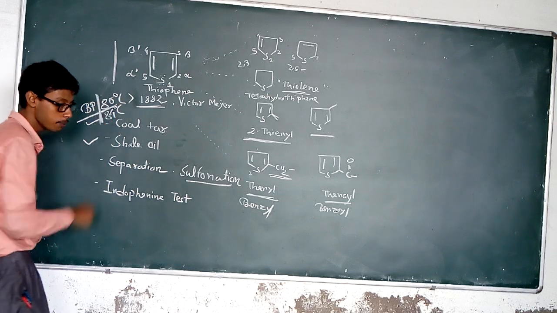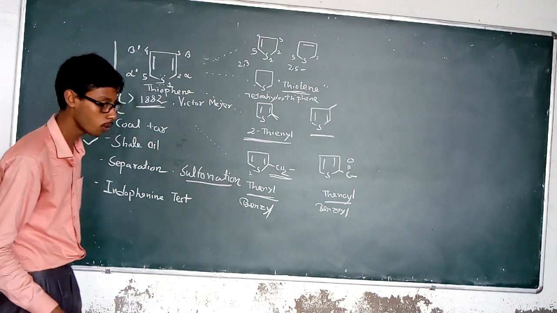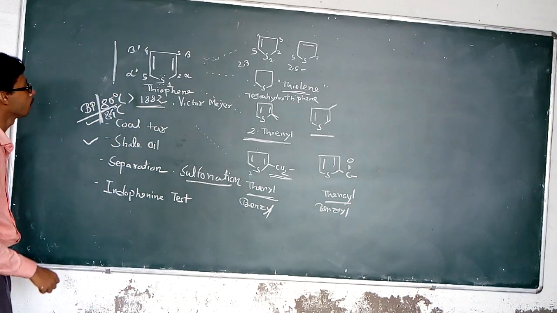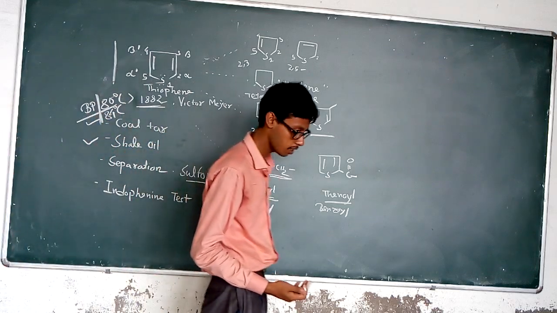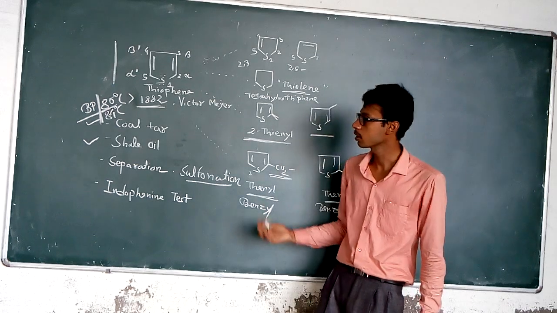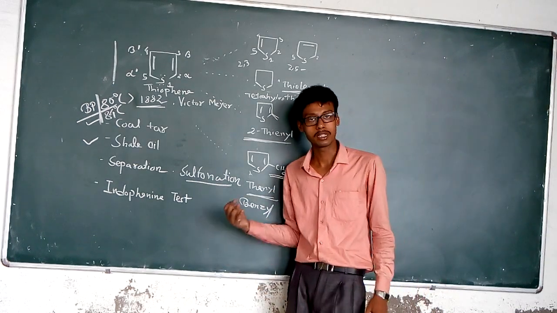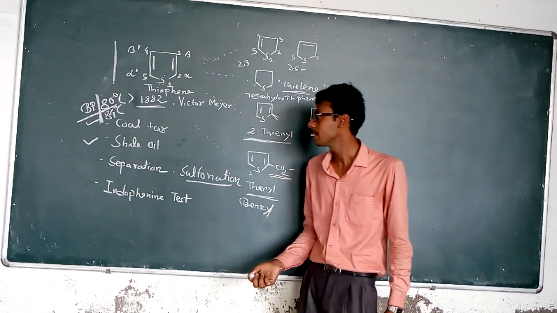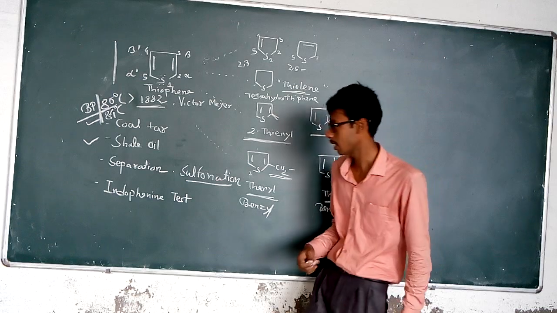These two are similar, so thiophene cannot be isolated by fractional distillation. Since heat is applied in fractional distillation, it is not possible to isolate thiophene from benzene by fractional distillation.